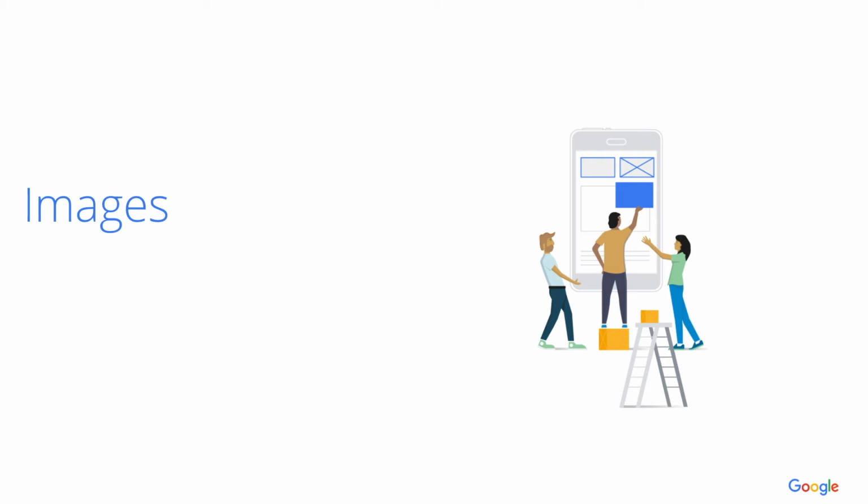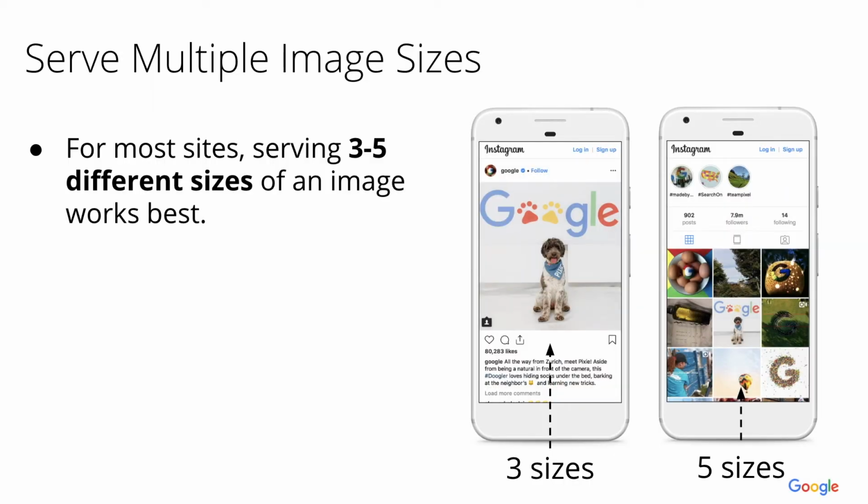Let's talk about images. Images are a huge part of our websites, and it's important to optimize them. To optimize them, the first thing is to load images at the correct size. So to do so, I recommend you serve multiple image sizes.